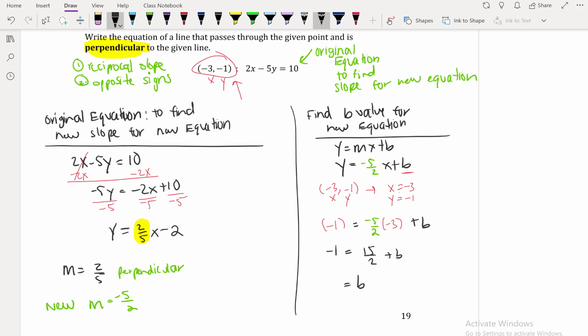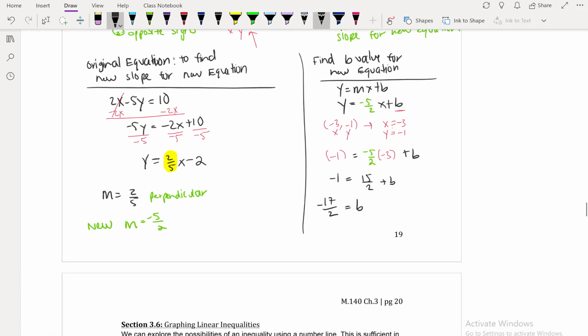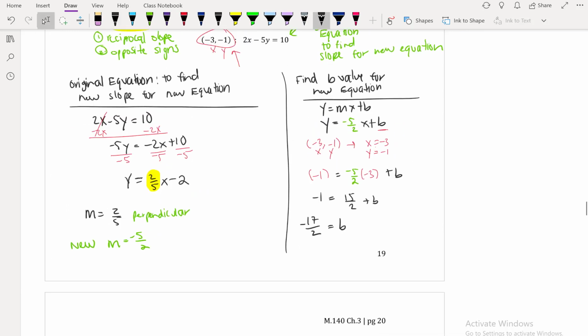So I'm going to subtract on both sides. Then b is going to equal -17/2. So I have my equation as y is equal to -5/2 x minus 17/2.